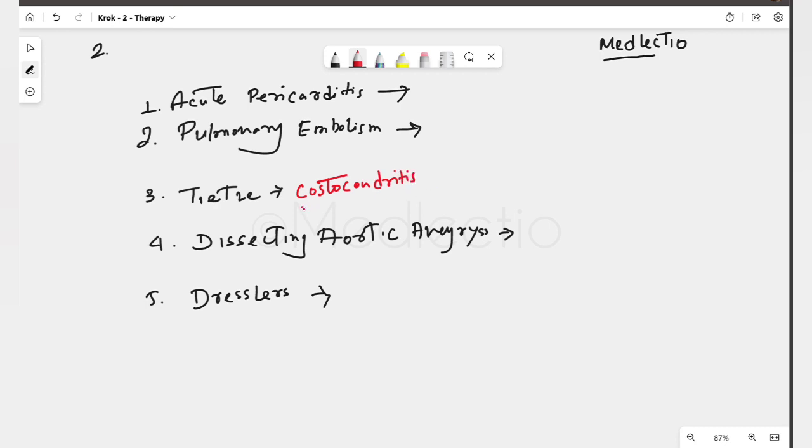Costochondritis means the cartilages of the chest have inflammation, so we'll have chest pain, obviously, plus swelling or lump.